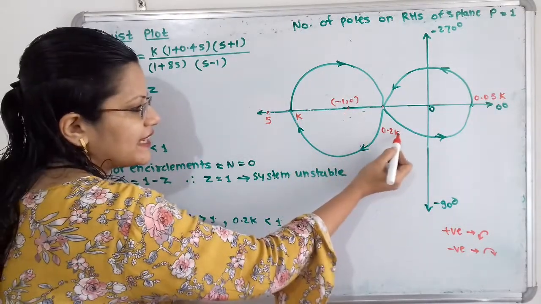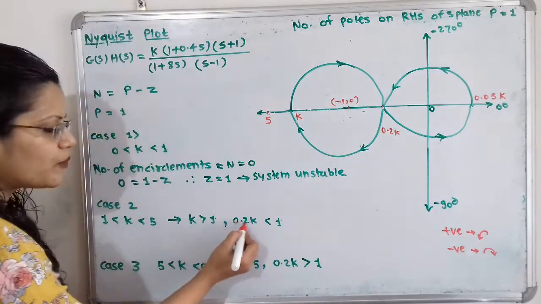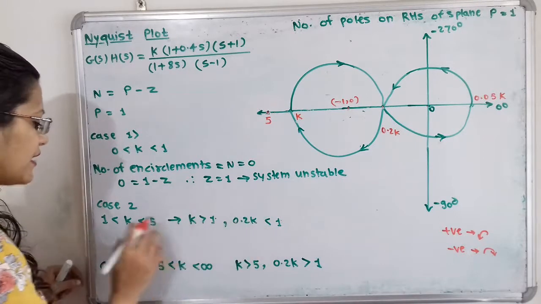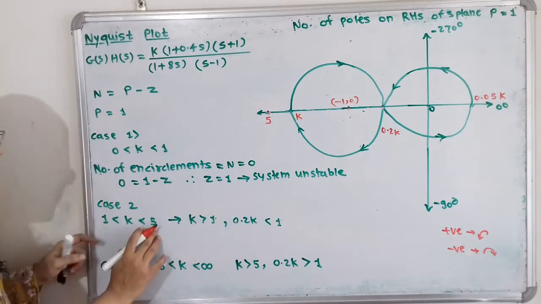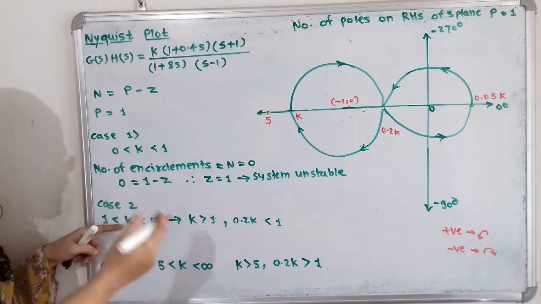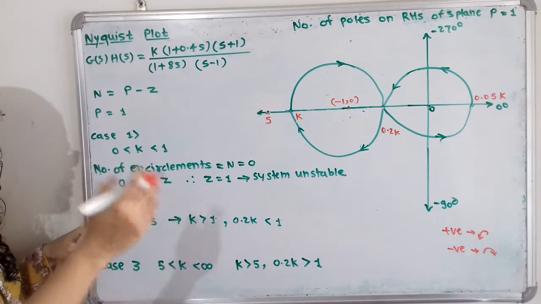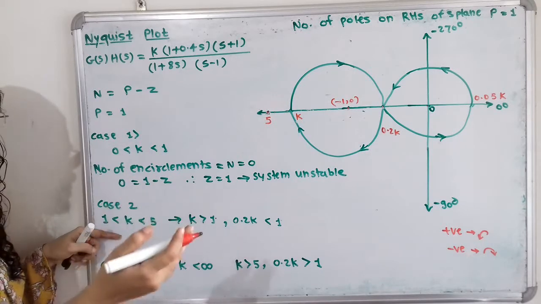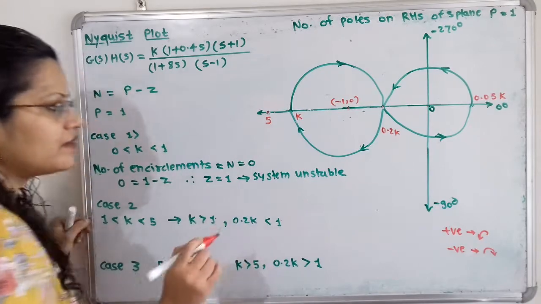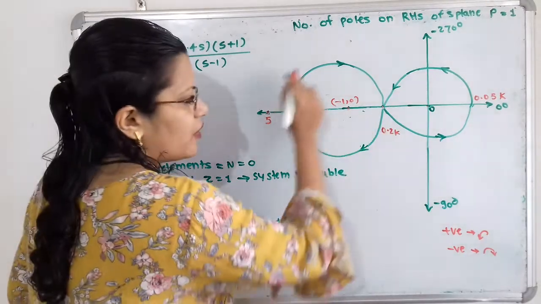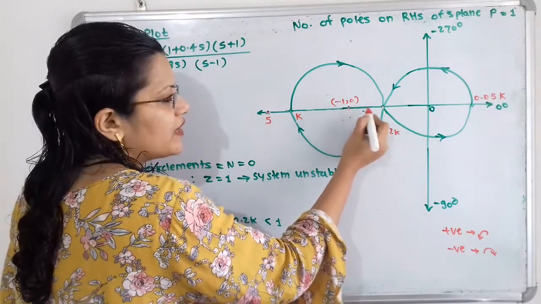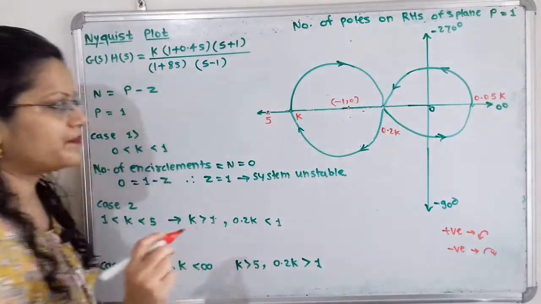So suppose I will take K is equal to 5, then 0.2 multiplied by 5 is equal to 1. So this 0.2K is less than 1. So we can say that in this diagram, here is the unit 1. So point of intersection is somewhere here, but it is less than 1.